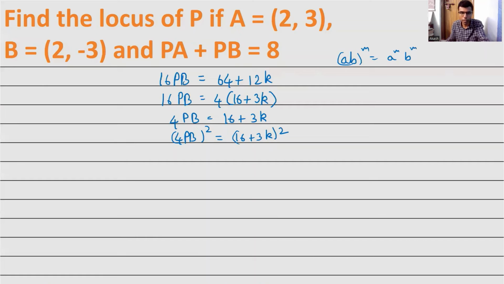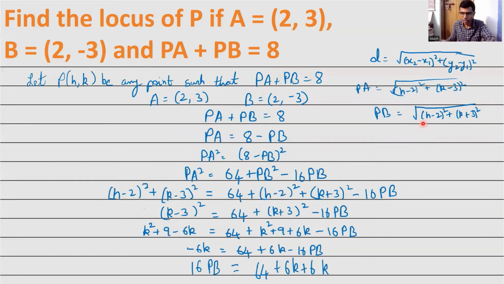So 4 into PB whole square is nothing but 4 square into PB square. So it should be nothing but 16 PB square is equal to 16 square plus 3k whole square plus 2 into 16 into 3k. I'm going to show this entire calculation because here the chances of mistakes are quite high.